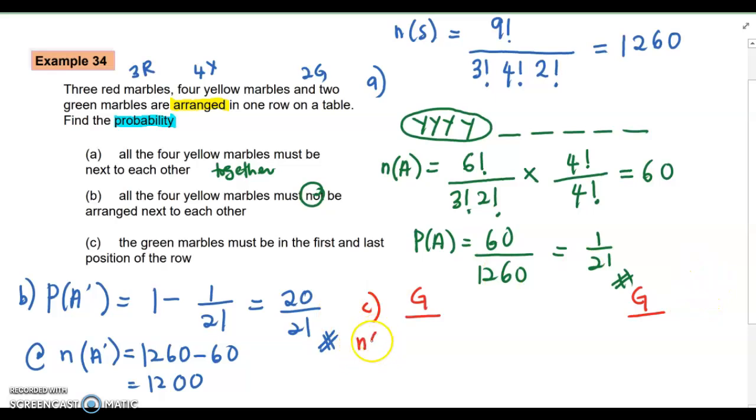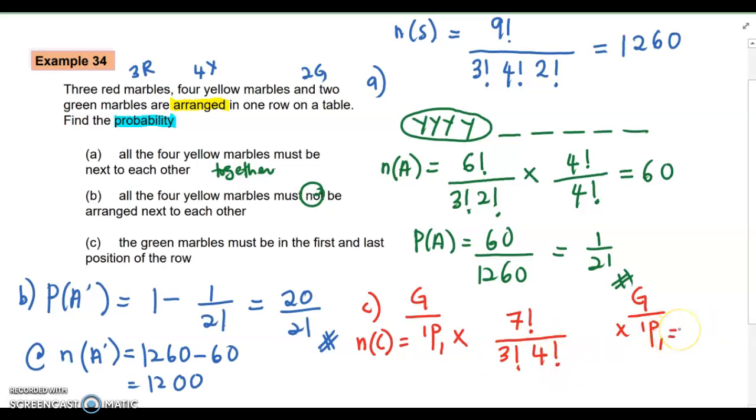The number of event C is the green, 1P1, times the green, 1P1. The rest, from a total of 9 marbles, so in the middle we have 7 marbles. We are going to arrange all the 7 marbles, divided by the identical, 3 for red and 4 for yellow.